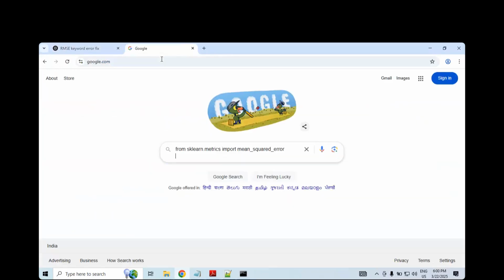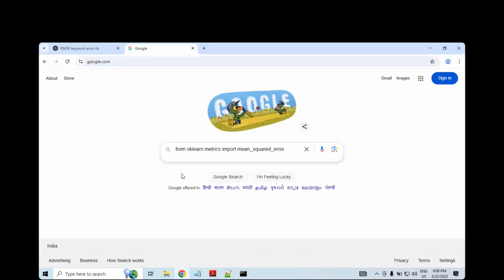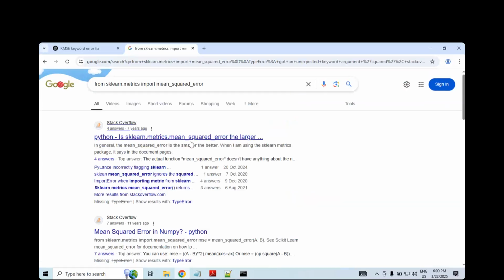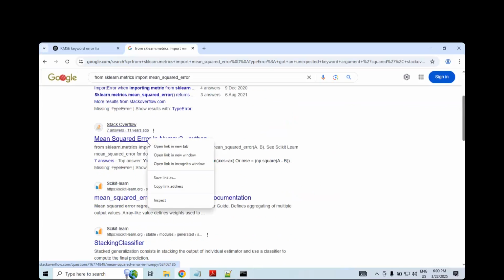Last way, let me check in ChatGPT. Not ChatGPT, Stack Overflow. This is 11 years ago.